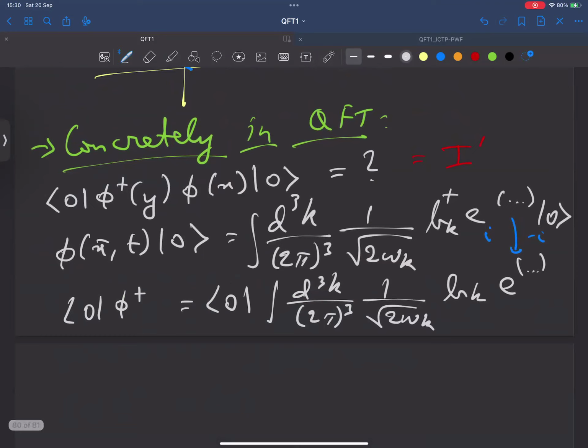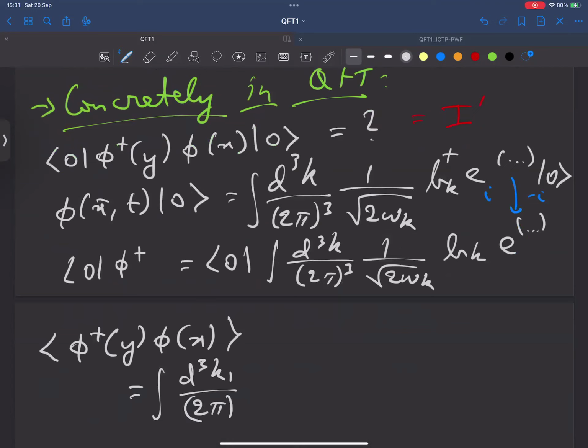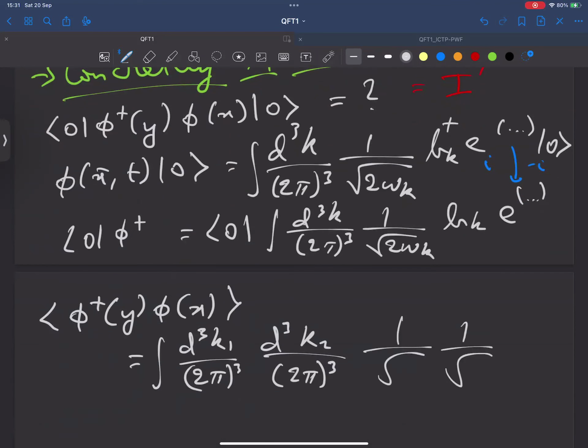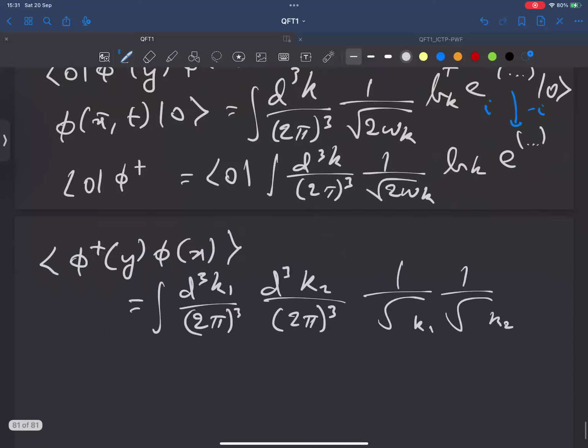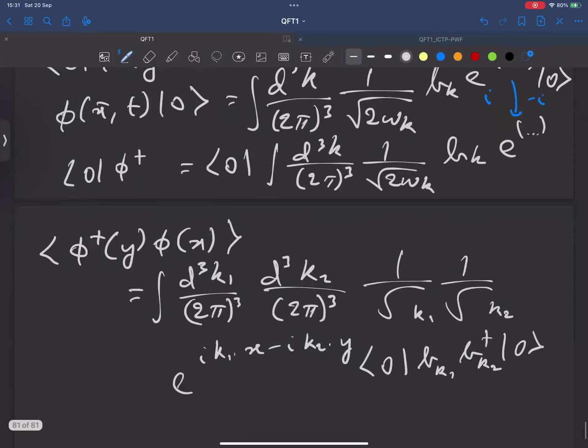If you do that, you will get pi dagger(y) phi(x) as the integral d^3k1 over (2 pi)^3, d^3k2 over (2 pi)^3, and 2 square root omega factors with k1 and k2, and then e to the power i k1 dot x minus i k2 dot y times this commutator [b_k1, b_k2 dagger].